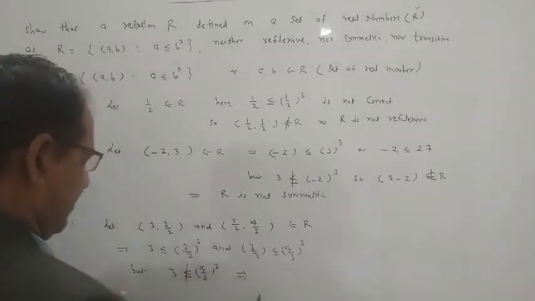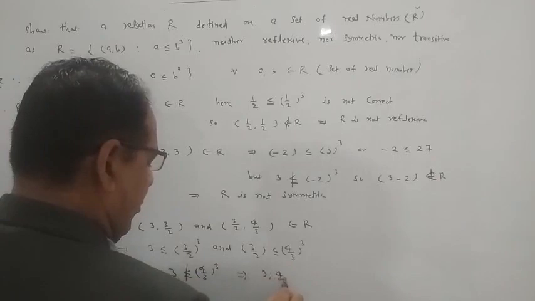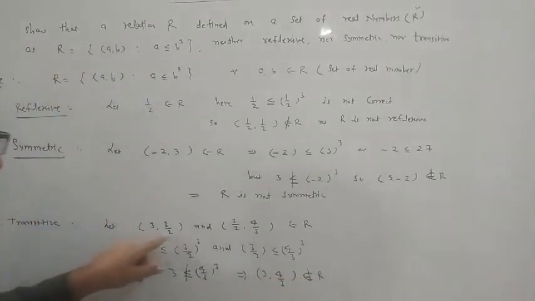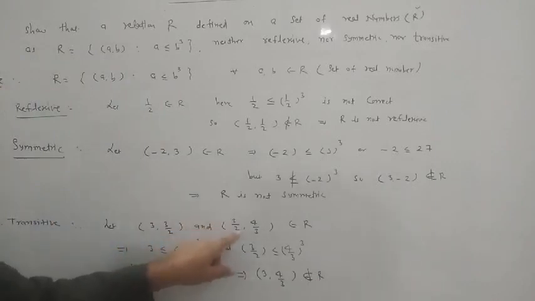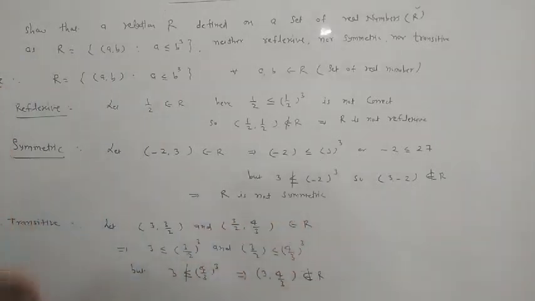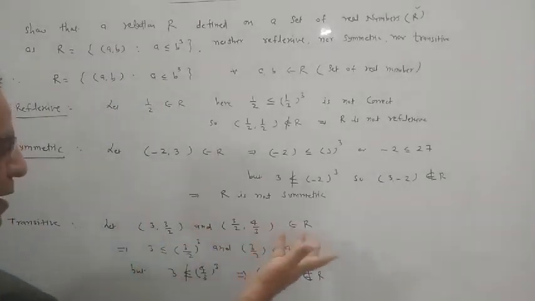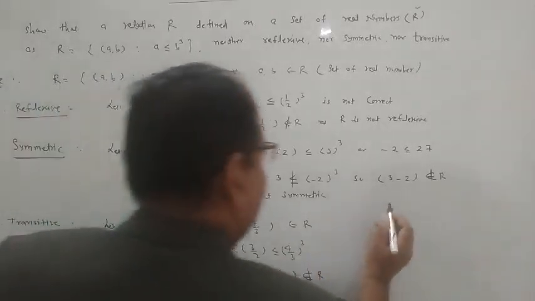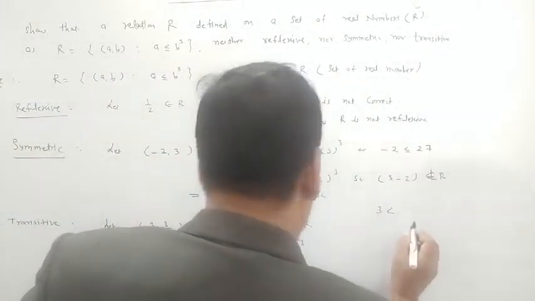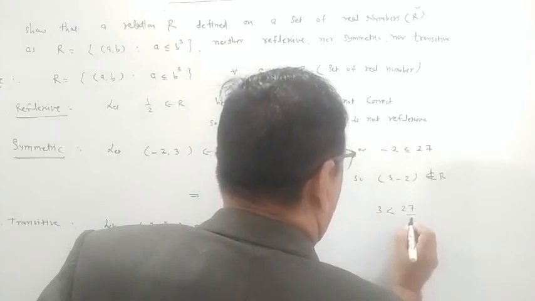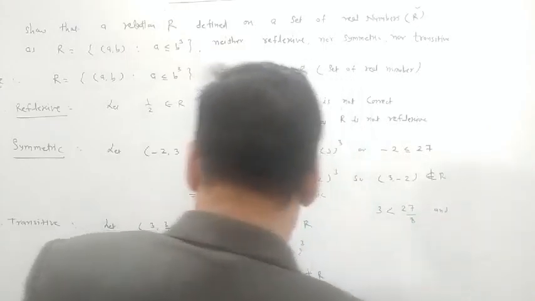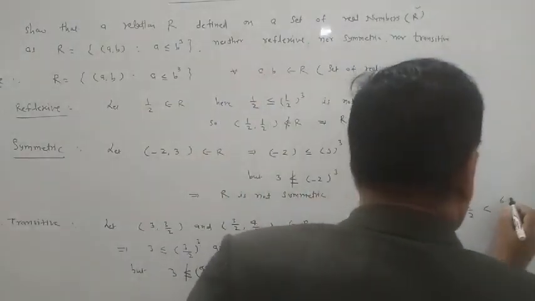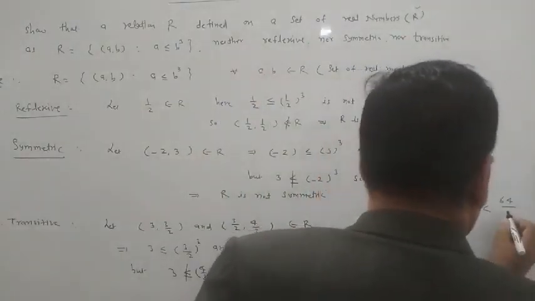This implies that (3, 4/3) does not belong to R. (3, 3/2) and (3/2, 4/3) are elements of the relation because these two satisfy the condition: 3 is less than 27/8, and next 3/2 is less than 64/27.